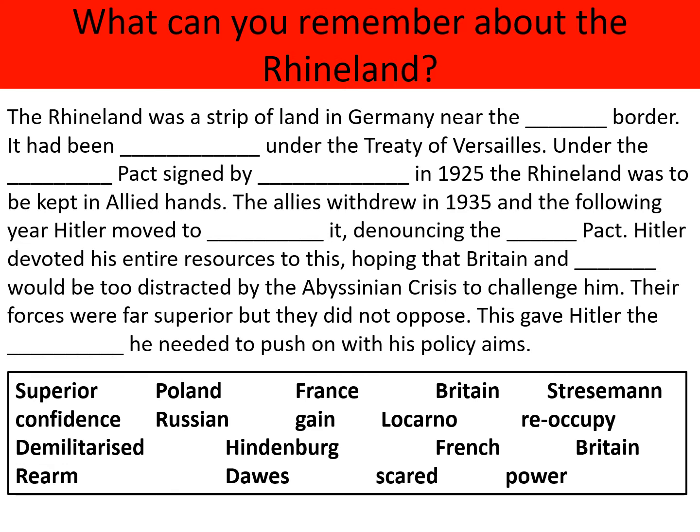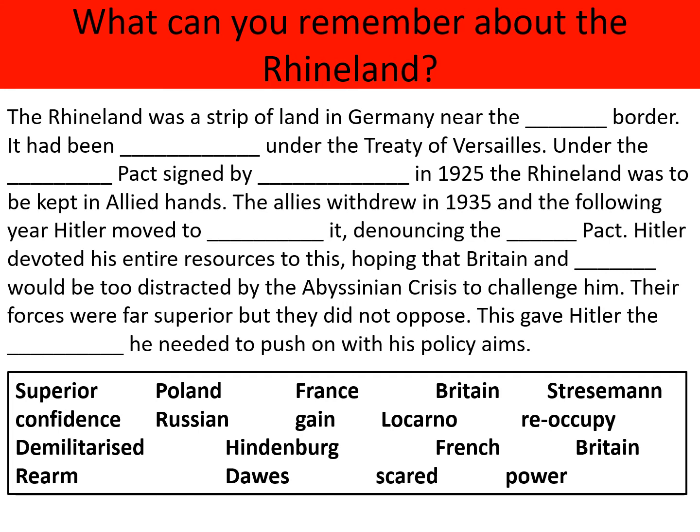So the Rhineland was a strip of land in Germany near the what border? What word would go in there? It had been blank under the Treaty of Versailles. Under the blank pact, signed by who in 1925, the Rhineland was to be kept in Allied hands. So the Rhineland was supposed to belong to Britain and France.